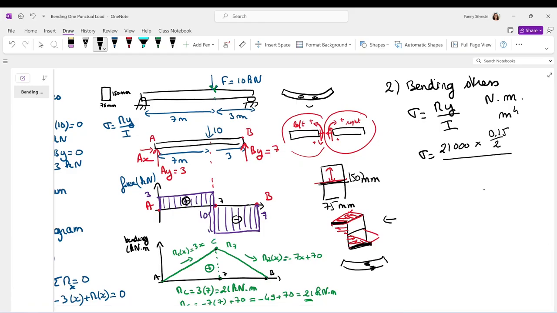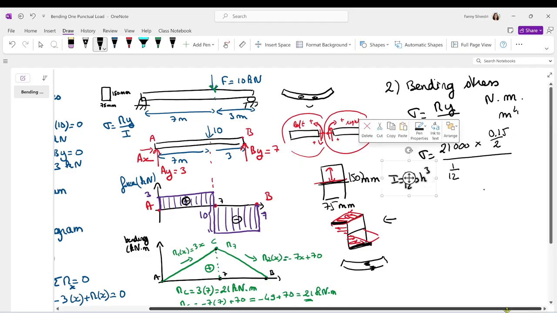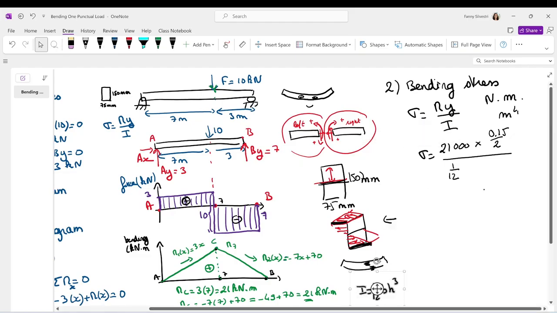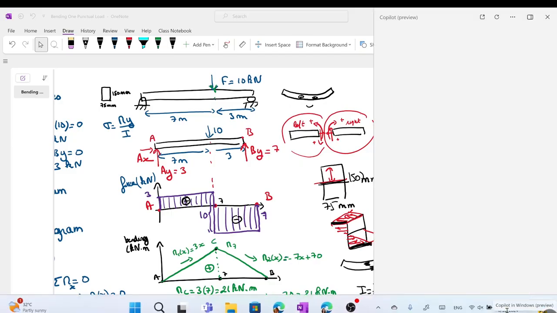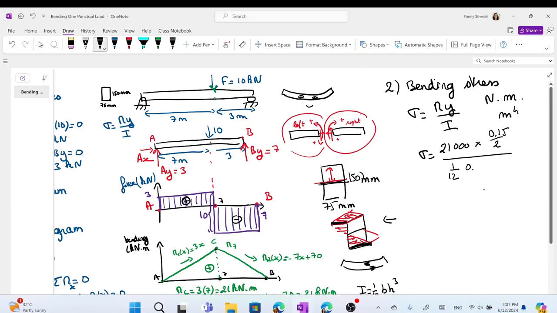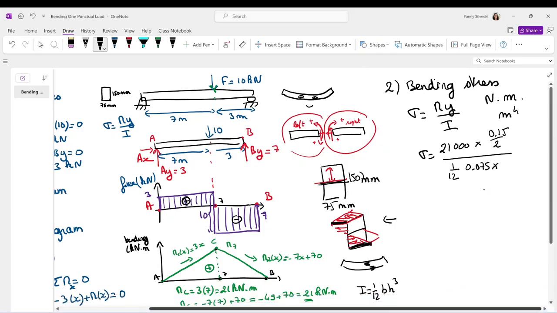And the moment of inertia, the formula for a rectangle is 1/12 base times h cubed, okay? So all those formulas are provided. So we have the base, which is 75 millimeters, so 0.075 times 0.15 cubed.